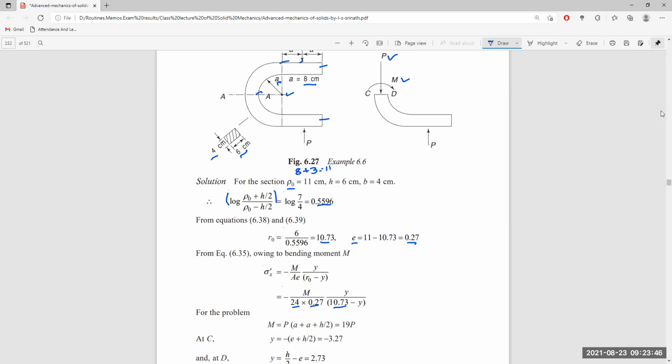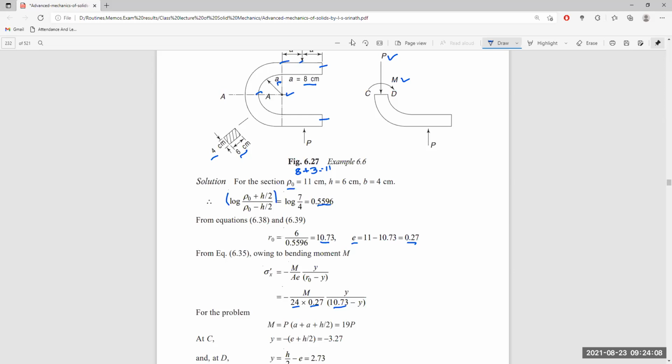And Y is the distance of the constant flexural fiber, that is, the distance of the constant element of area from the neutral axis.